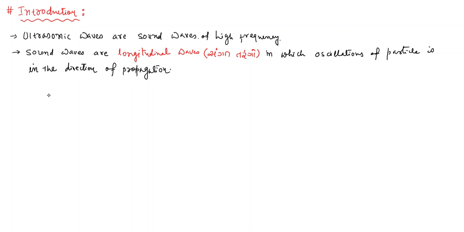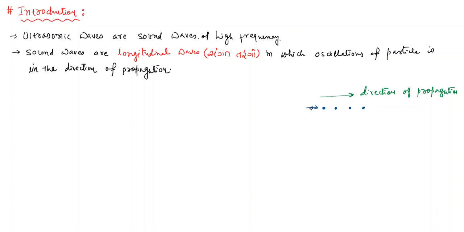For example, suppose this is the direction of propagation. Then the particles are oscillating. Suppose this is the first particle, this is the second particle, third particle, fourth particle, and so on.